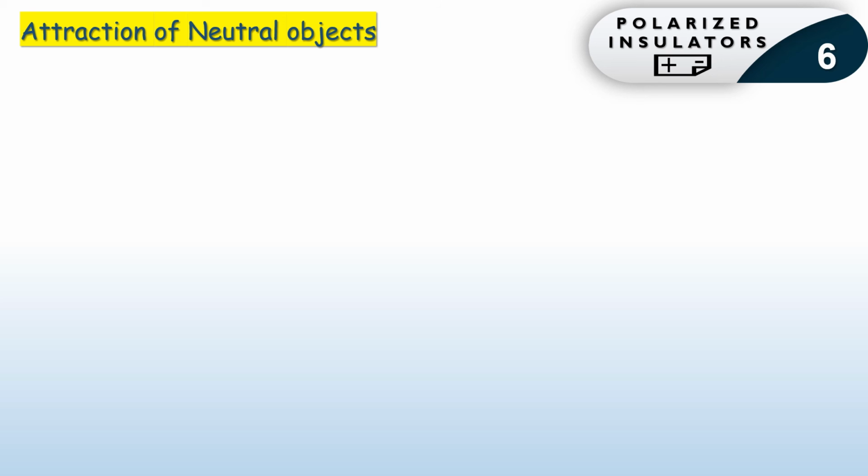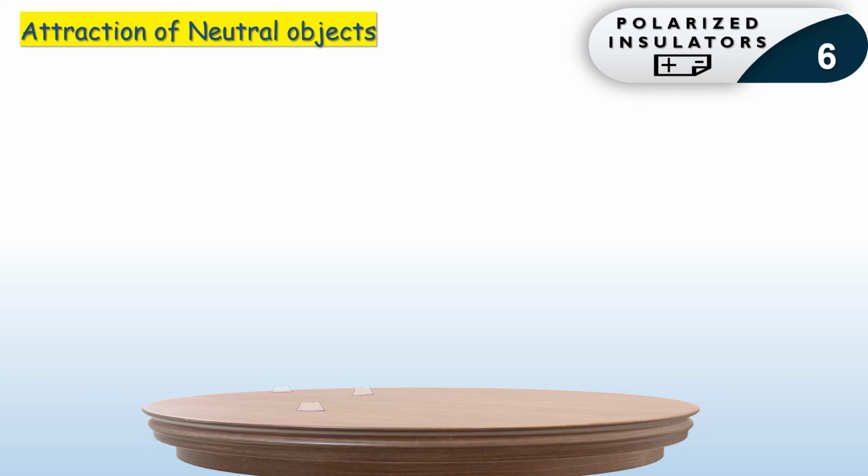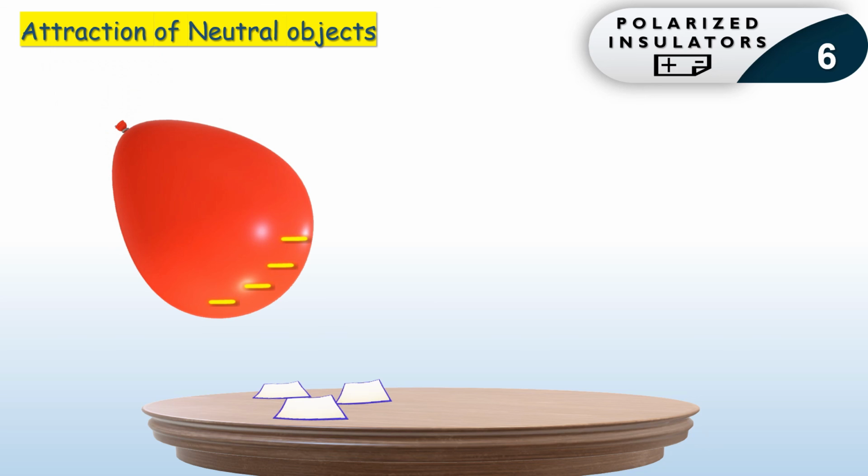This is due to either induction or polarization. For example, if we look at those paper pieces with a negatively charged balloon close by, this balloon will cause those small pieces to become polarized as shown. Because of this, the positive charges are attracted towards the negatively charged balloon, while the negative side of the paper is repelled by it.